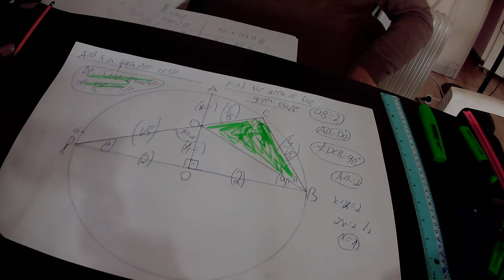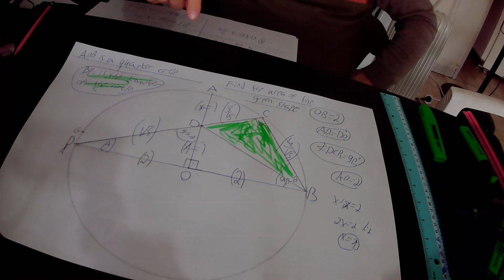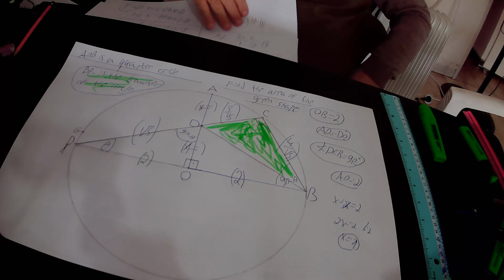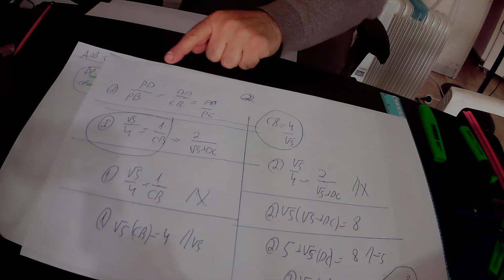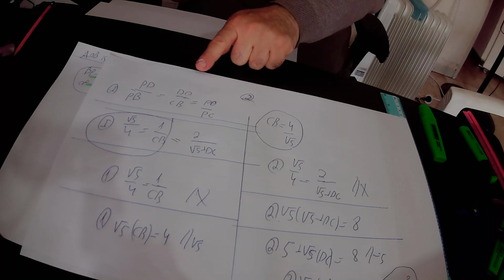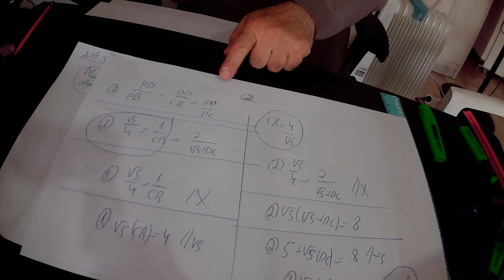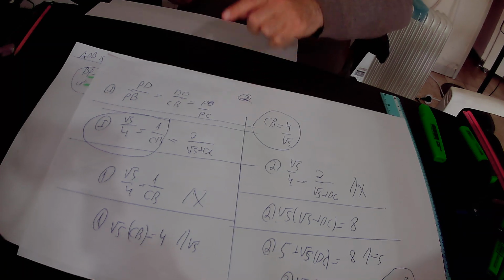And from this similarity, we conclude that the following relationship exists between their sides. Side PD in the small triangle over side PB in the big triangle equals side DO in the small triangle over side CB in the big triangle, and it equals side PO in the small triangle over side PC in the big triangle.